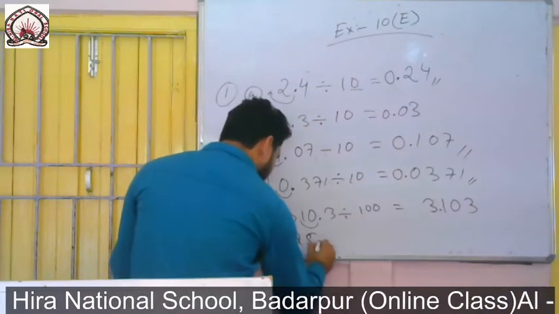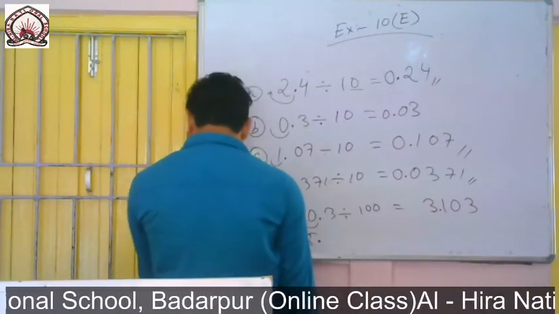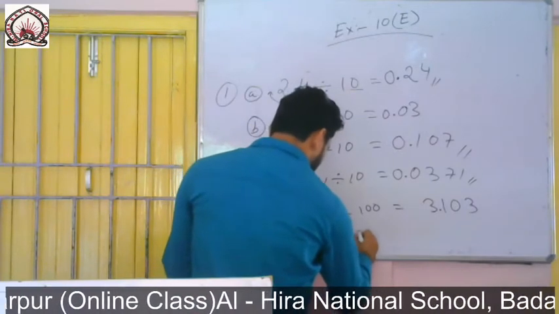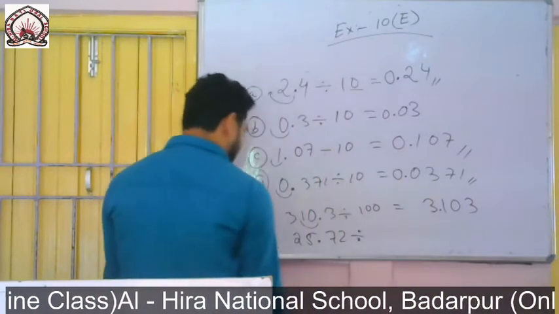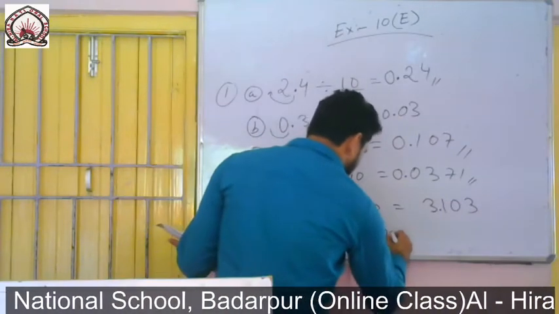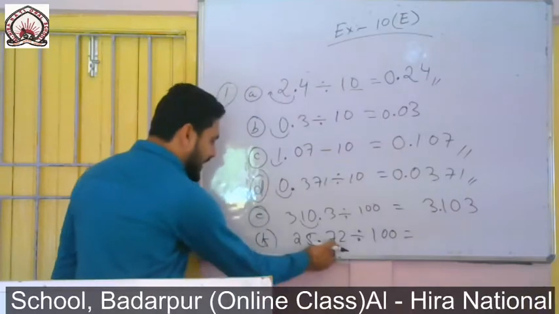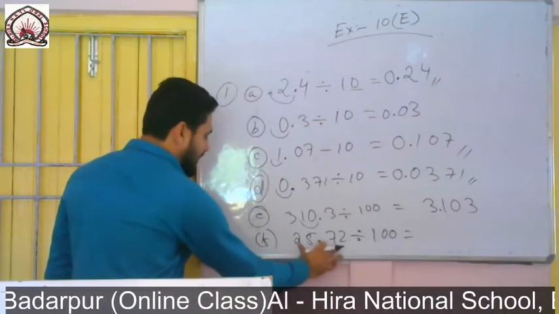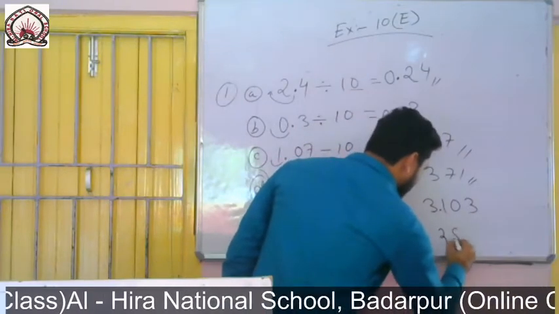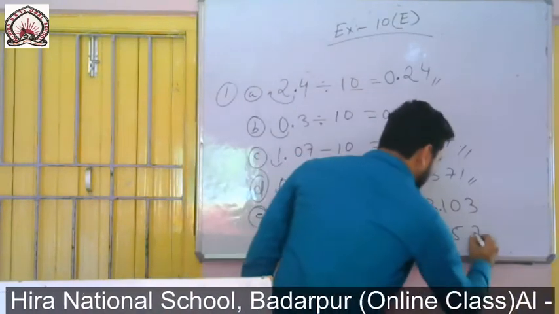25.72 divided by 100. First you write directly the digits, just omitting the point, 2572.